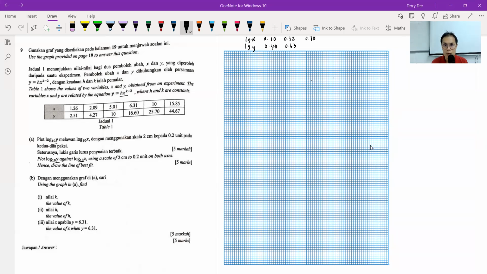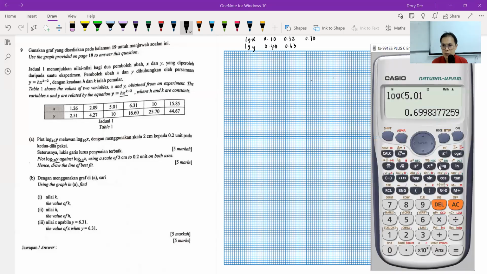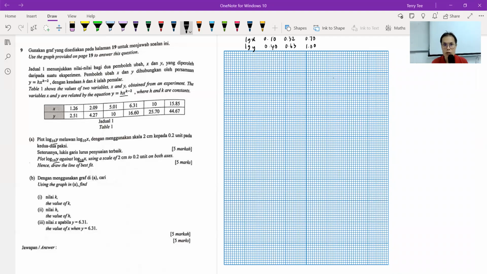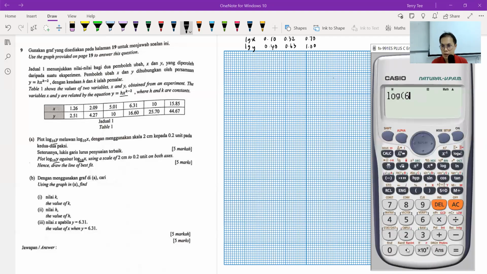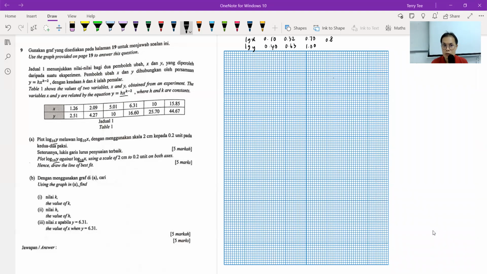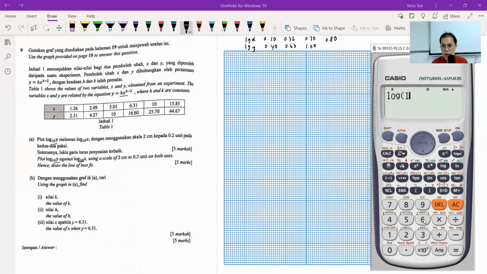Next one, log 10. Log 10 is 1. You can just put 1, or you can put 1.00. Next, log 6.31 is going to give us 0.80. And your y value, log 16.6, that will give us 1.22.